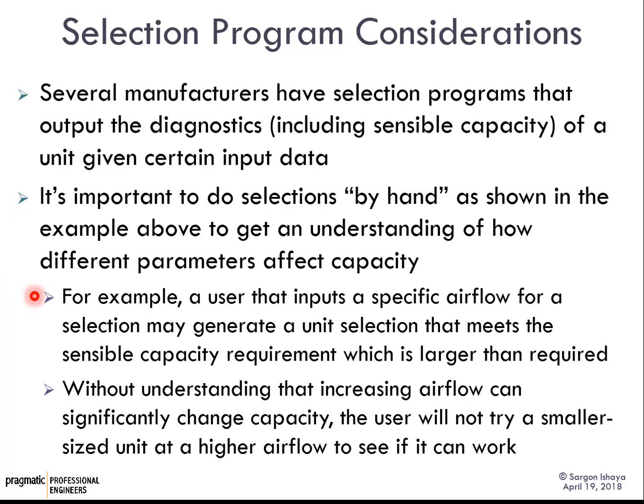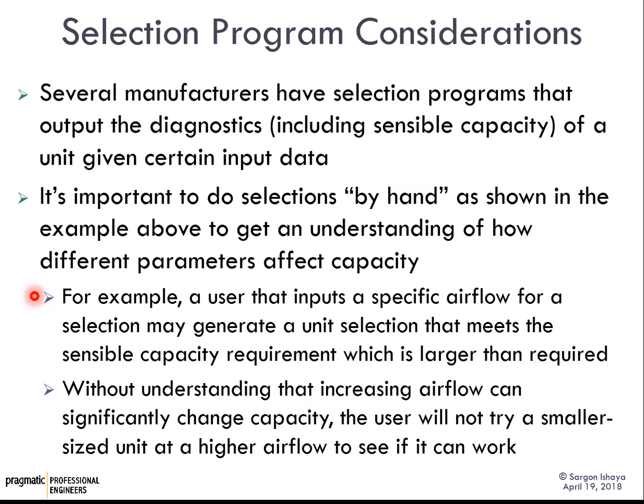Okay, the airflow you saw in the example that we just did, the airflow needs to be a variable. What we're concerned about is cooling the building, meeting the load, keeping people comfortable at a certain temperature. If you use a computer selection program and you input the airflow, you are going to artificially limit the air conditioning units that could satisfy the application.